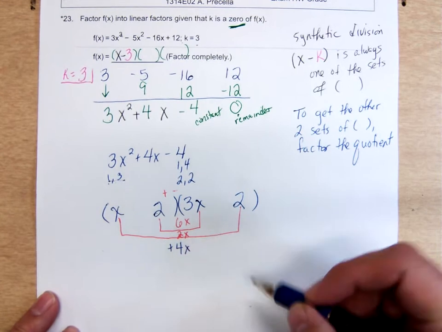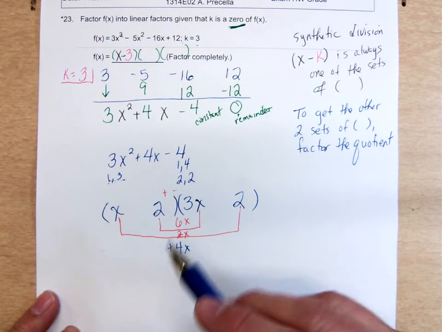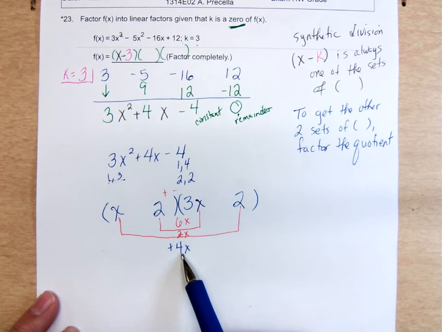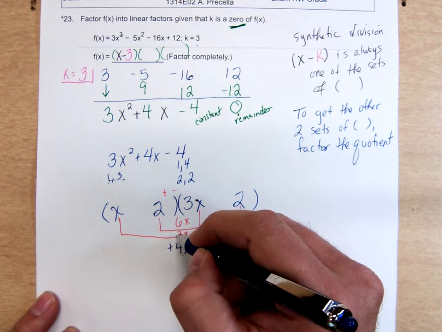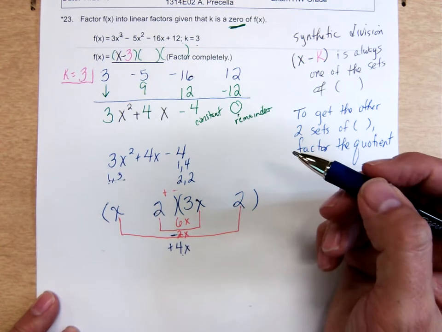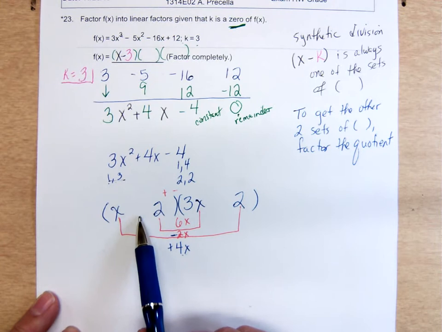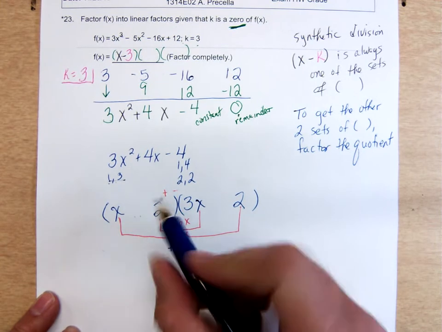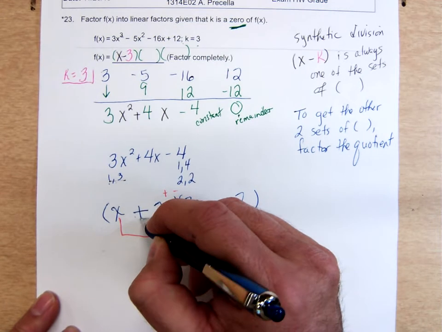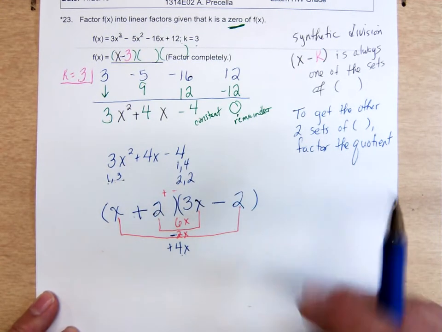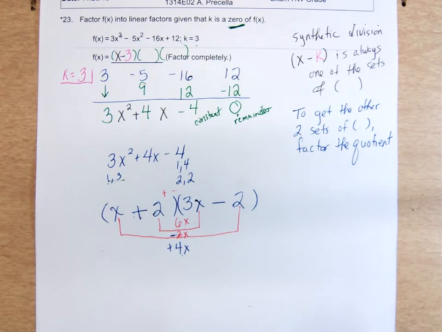So let's figure out how to put the plus and the minus in order to get a positive 4x. I would need the 6 to be positive and the 2 negative. That do it? So in this first set of parentheses, the x and the 2, would that be a plus here and a minus there? So see how I factored that?